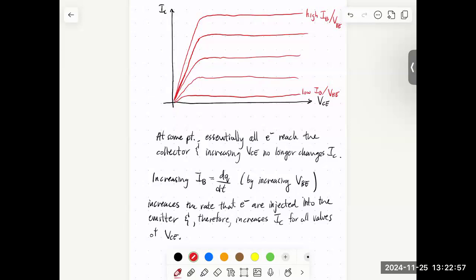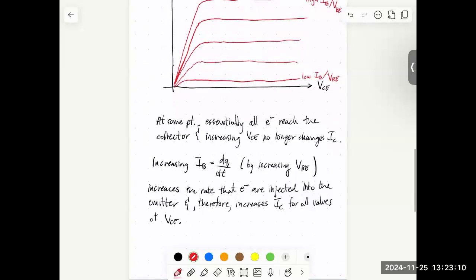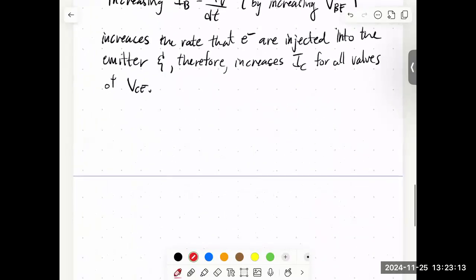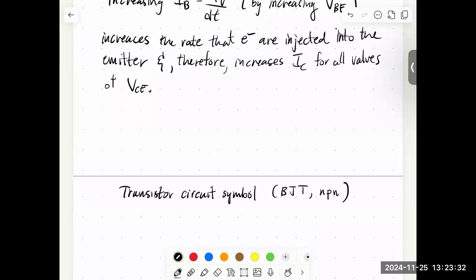What we're going to try to do is operate this thing as a switch. And rather than keep drawing all these base emitter collector junctions with fixed charges and mobile charges, we're going to adopt a circuit symbol for our transistor. So for us, we're working with the bipolar junction transistor, and we're going to work with one that is the NPN configuration, the sandwich with the P in the middle.